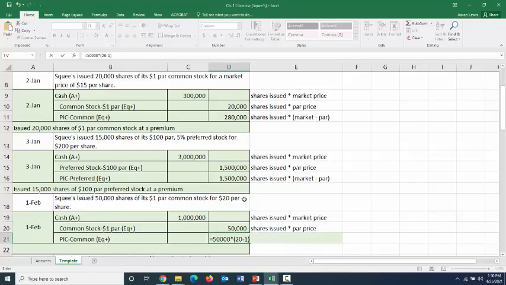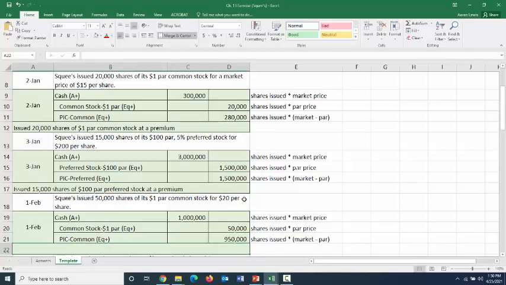So we're getting $19 in premium per share on the 50,000 shares that we are issuing, which means our paid in capital on this transaction that is in excess of par is going to be $950,000. And here we issued 50,000 shares of $1 par common stock at a premium.